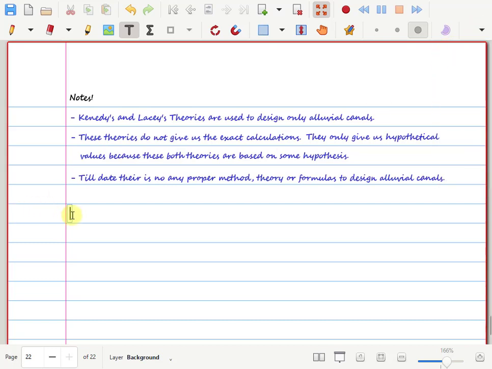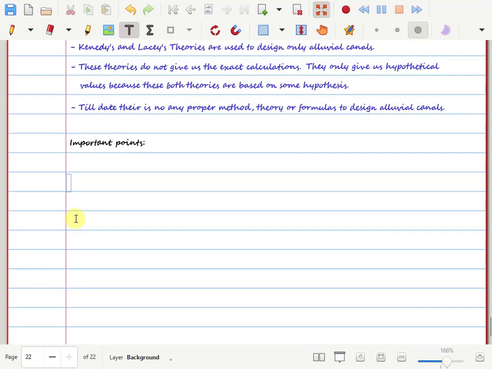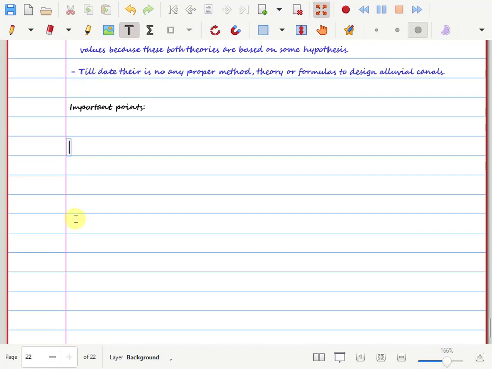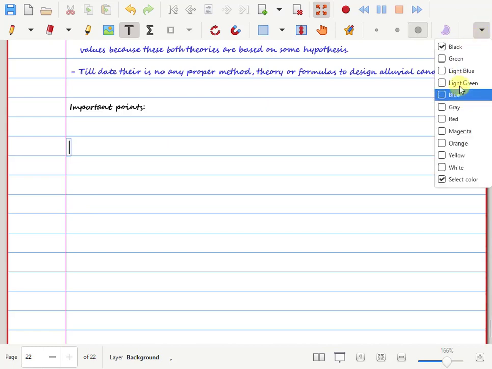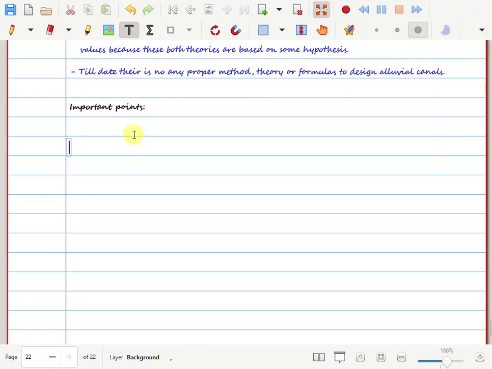So a few more important points you need to note down are, the first thing is that, let's write them with green color.